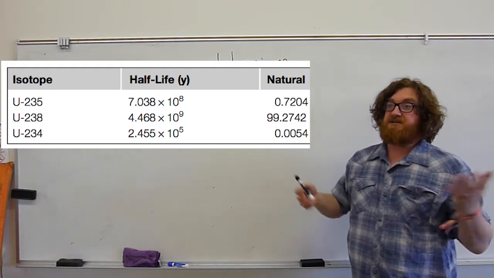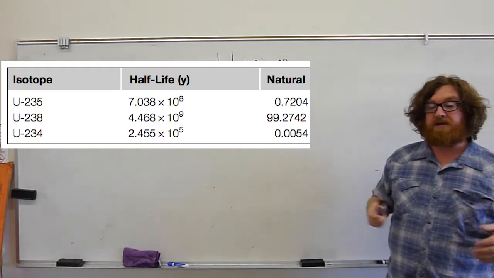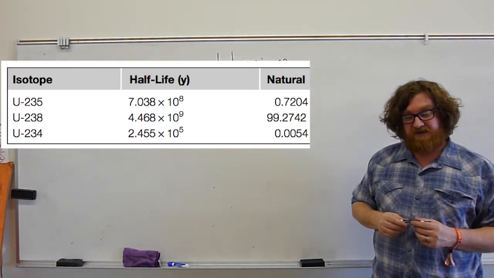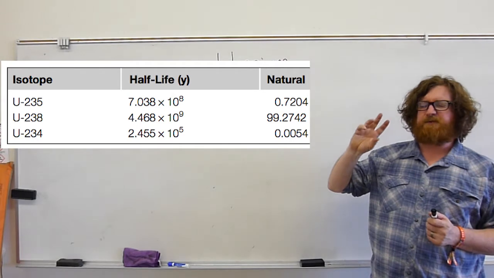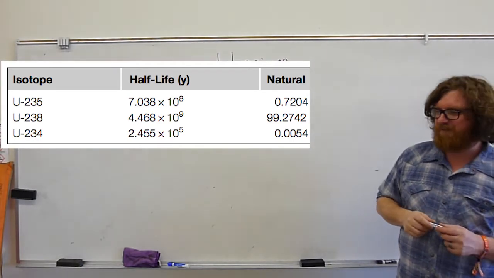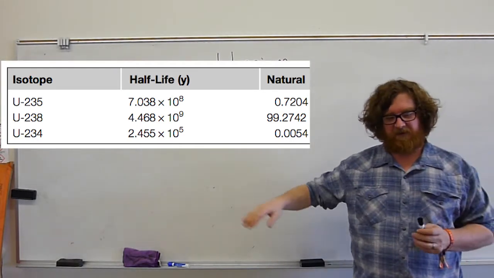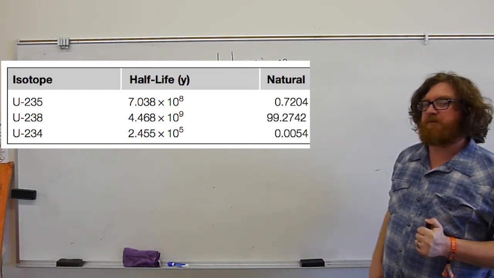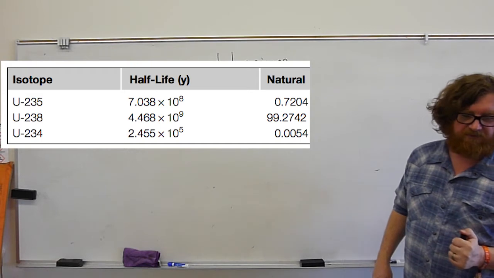Uranium-238 is what you would call normal uranium, although it's not stable. It's unstable, but it's more stable than uranium-235. It decays at a slower rate. So you can see, a little bit over 99% of uranium that occurs is uranium-238.